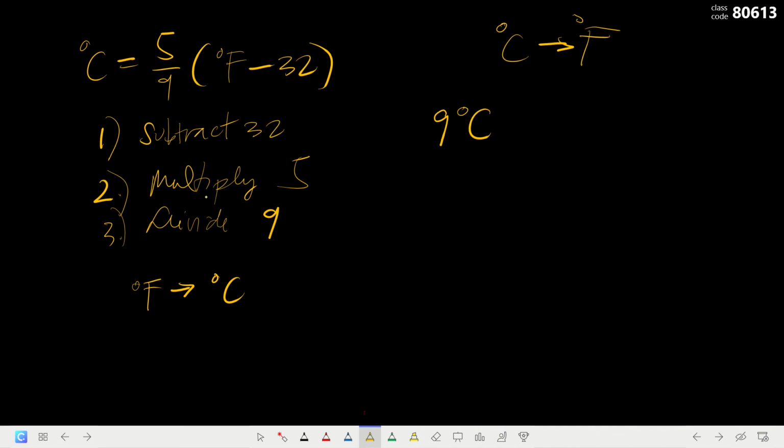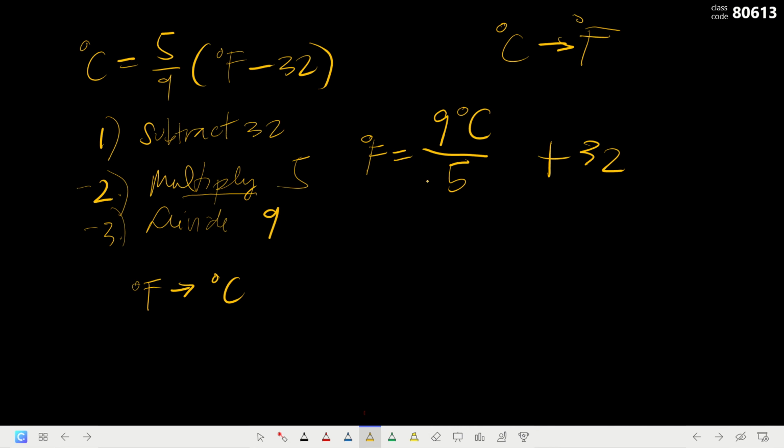So ano yung sunod natin na gagawin? Dito, ang second step is multiply, followed by the last step. So multiplied by 5, inverse ng multiplication is division, so divide by 5. And then since dito we subtract 32, we need to add 32. So this is now the equation for converting degrees Celsius to Fahrenheit.